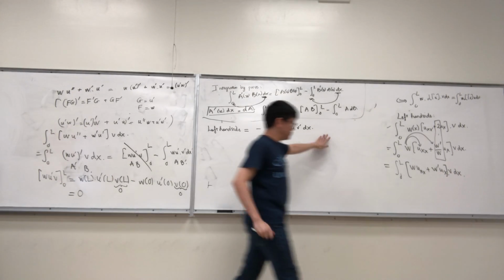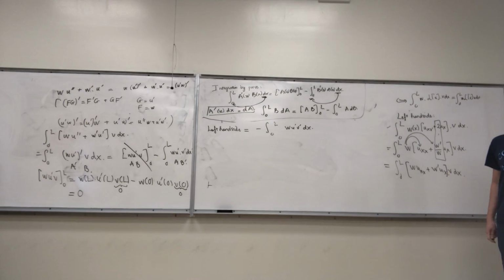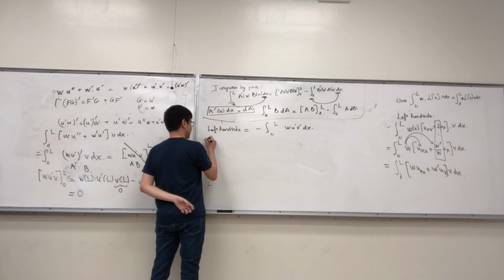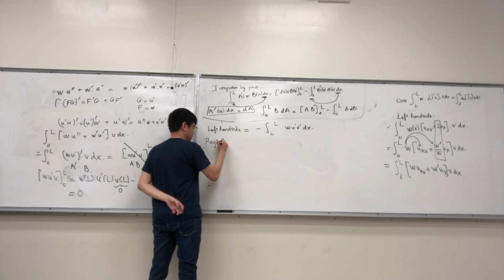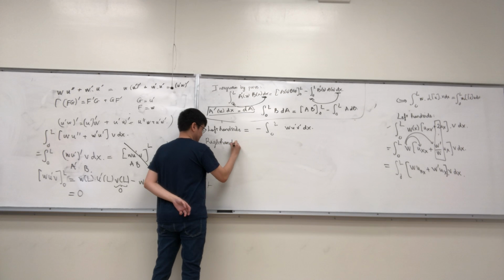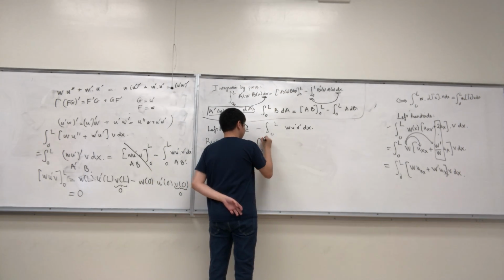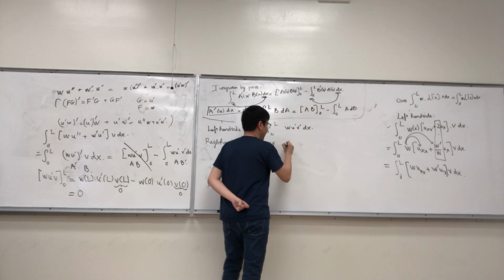So the left hand side will be this one. I'm going to show that the right hand side will be the same, by the same argument. For the right hand side, you can use the same idea.